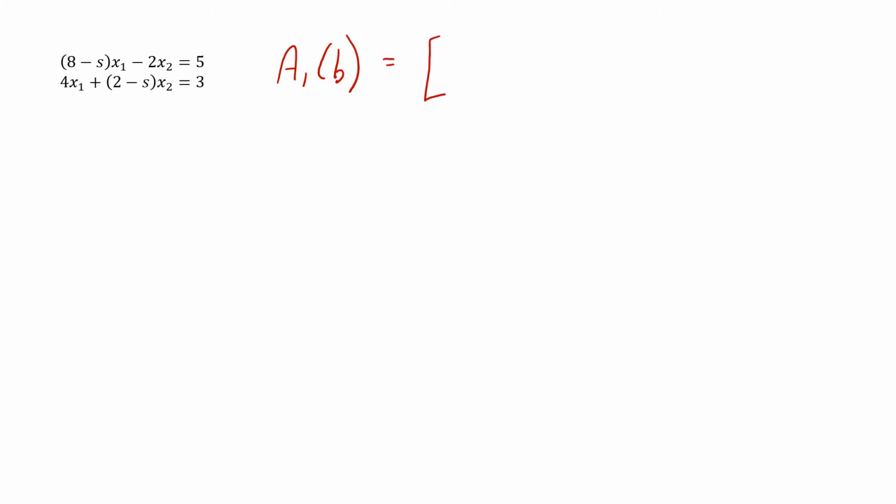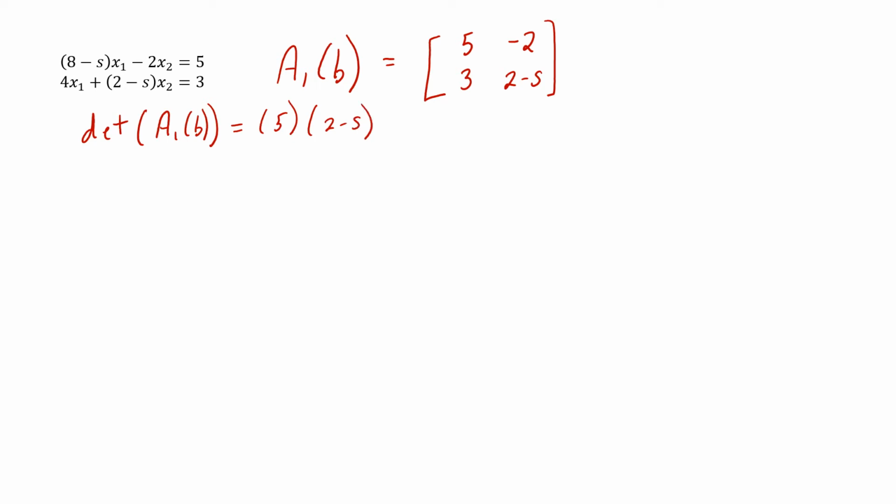So A_1(b) is equal to 5, 3, and then the second column of what we had originally, negative 2 and 2 minus s. And now we're going to get the determinant of that. So the determinant of A_1(b) is equal to 5 times 2 minus s minus negative 2 times 3, which when you multiply it all out gives you 10 minus 5s plus 6, or negative 5s plus 16.